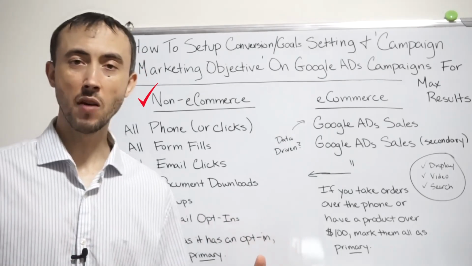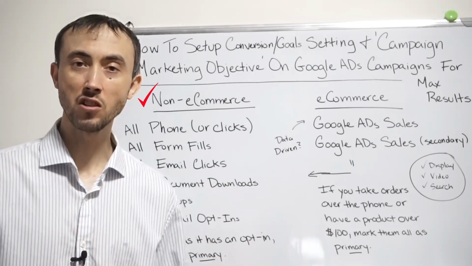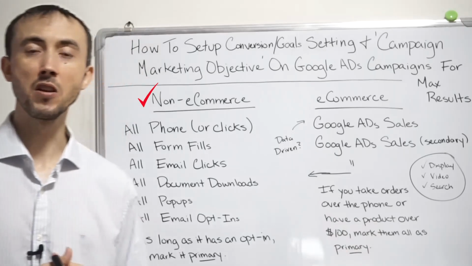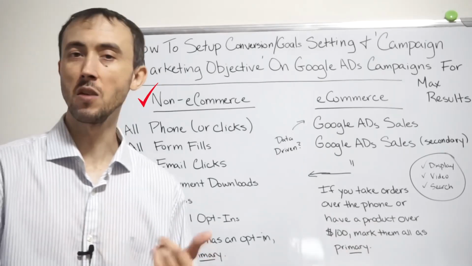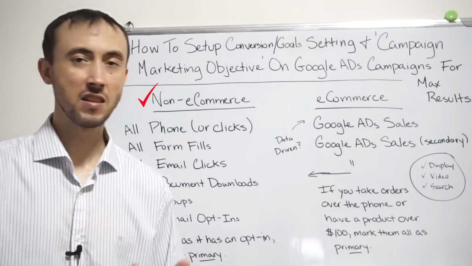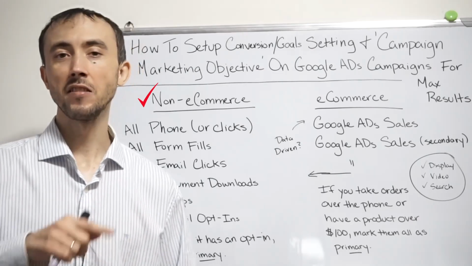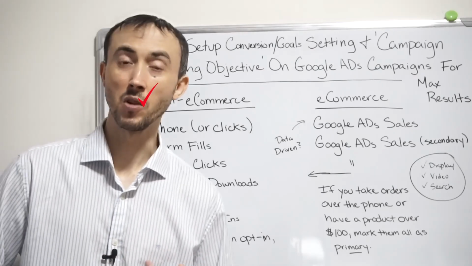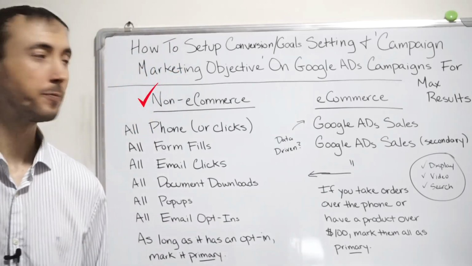The more data that you have, the better results Google can get you. Of course, the better results you can get for yourself if you're going to make revisions to your campaigns on the keyword level, time of the day, day of the week, device, age, gender, parental status, income level, which gets you really good results, by the way.